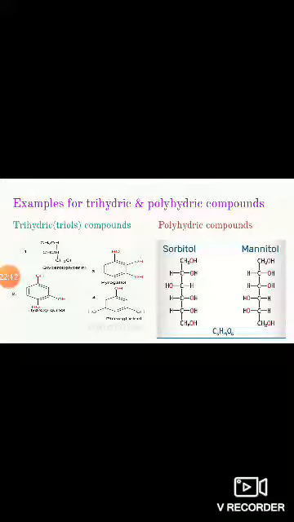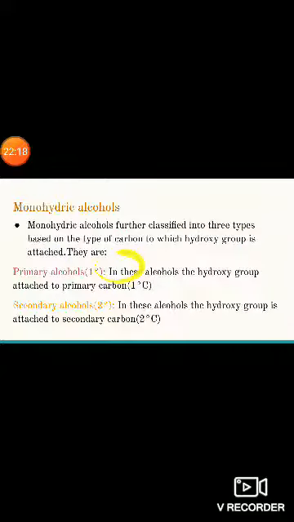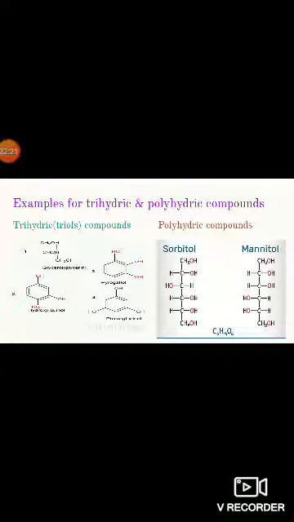Here the remaining three, these three are examples for aromatic trihydroxy compounds. These are also known as position isomers. Here the second one is hydroxyquinol.